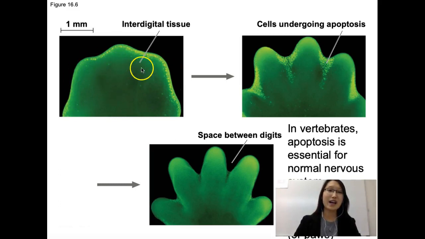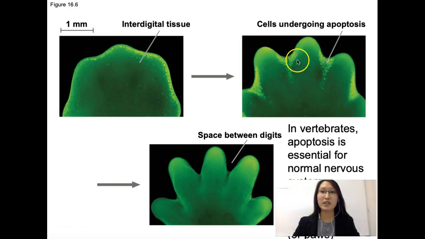You can see the outline of the fingers, and you can see bones forming inside the hand, but there's no finger yet. There aren't any fingers yet, right? As time goes on, apoptosis happens in between these digits to eventually allow you to have fingers.